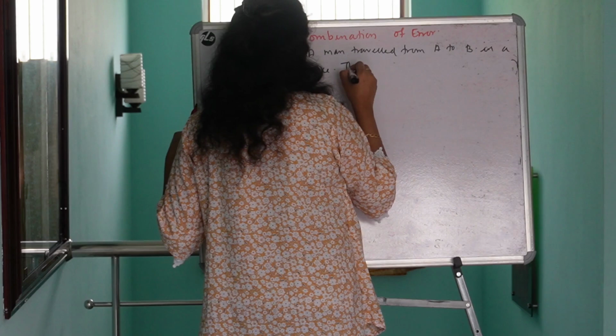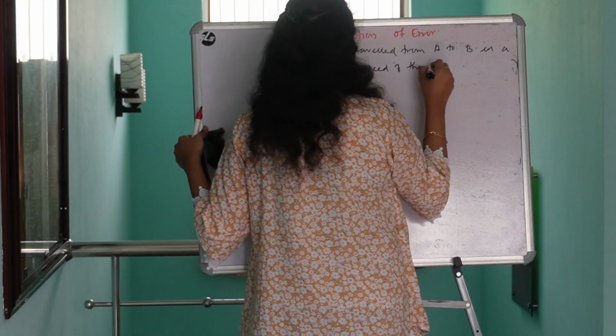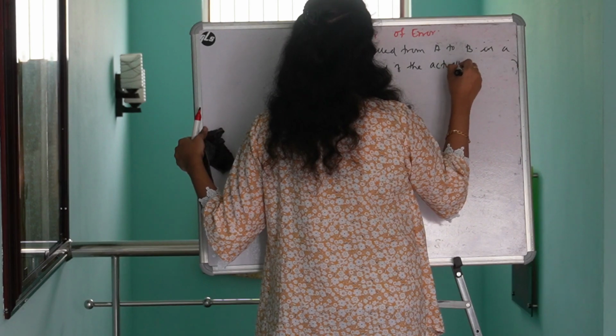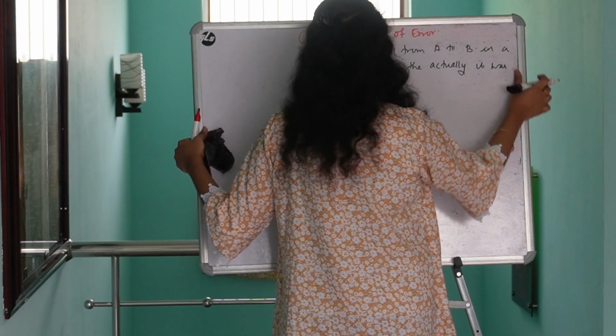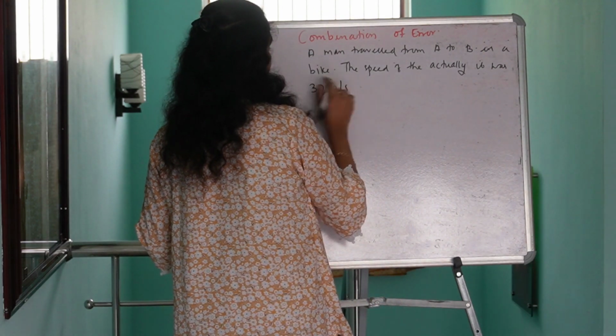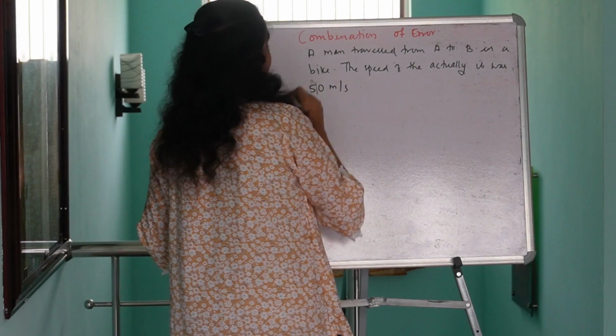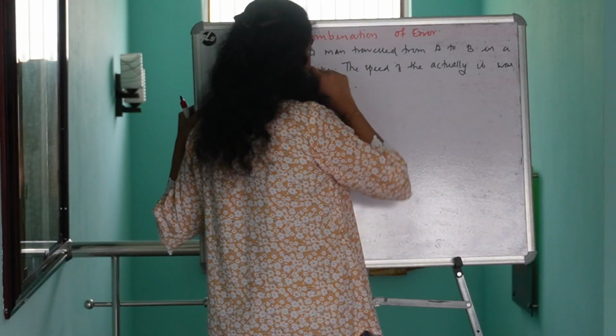The actual speed of the bike was some 30 meter per second, not 30, let it be 50 meter per second. It was 50 meter per second.